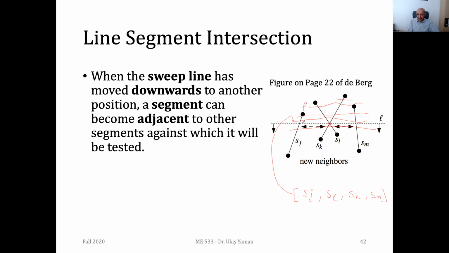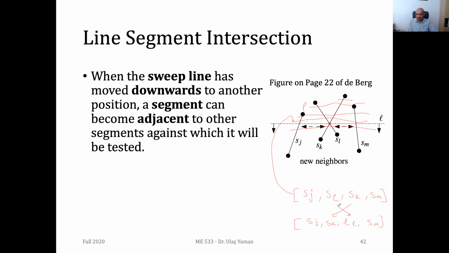And then at the intersection point, things are a bit different. But after the intersection point, our status is updated. Now you see that this is SJ, SK, SL, and SM. So we swap the order of SK and SL, right?